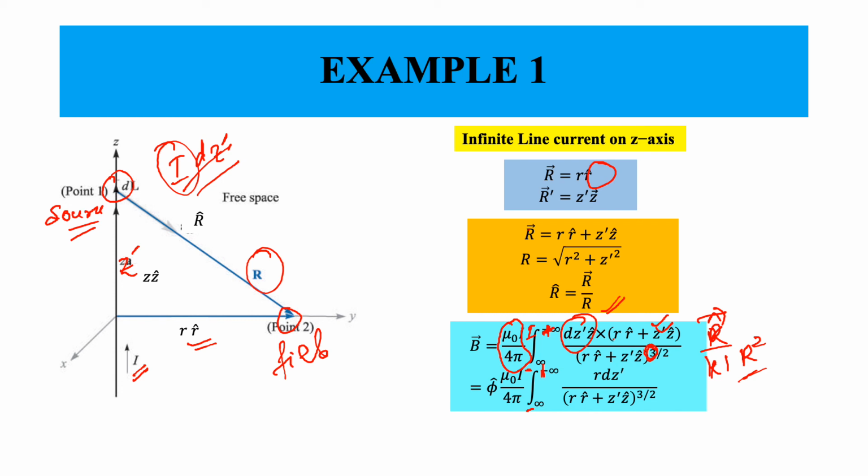First we can immediately rule out the second integral, because z hat cross z hat equals 0, so this will not be there, therefore it is removed from the integral. Now I am left with only z hat cross r hat.